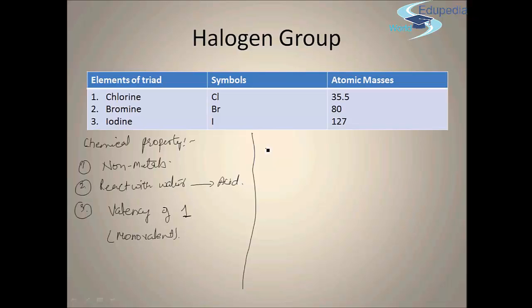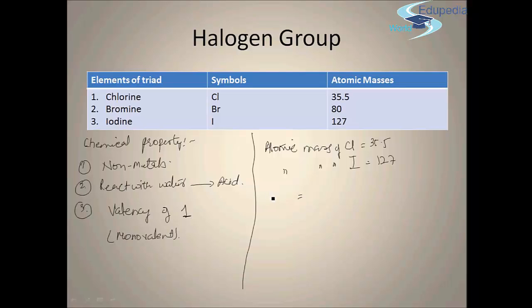So according to the triad law, the atomic mass of chlorine is 35.5. The atomic mass of iodine, the third element, is 127.